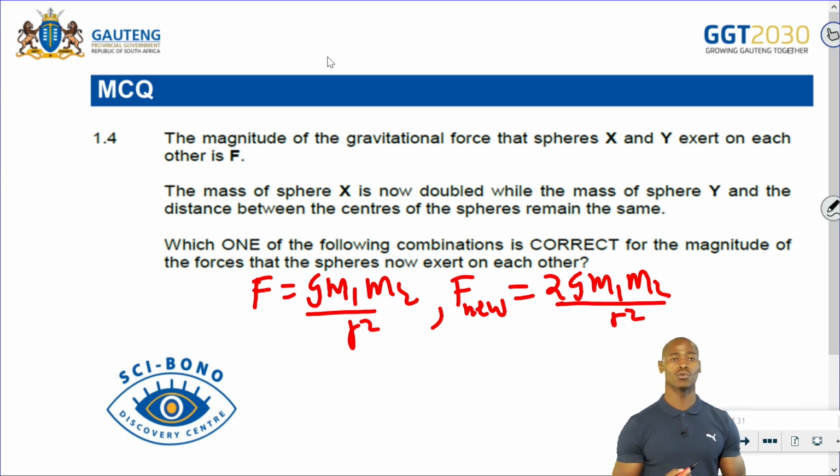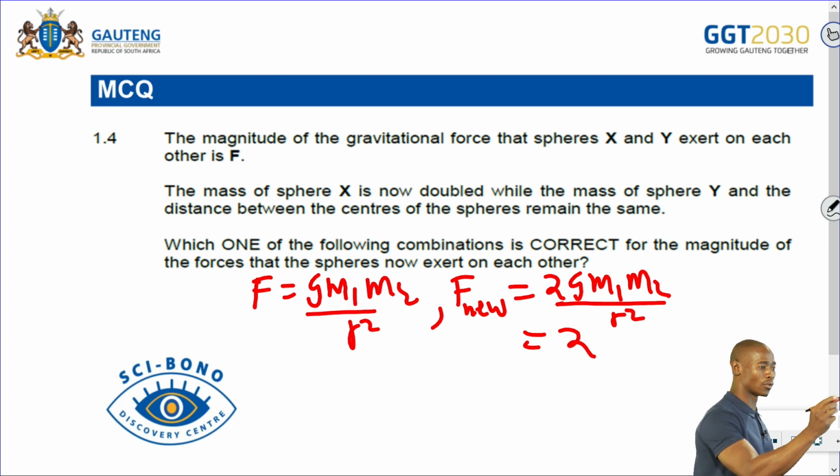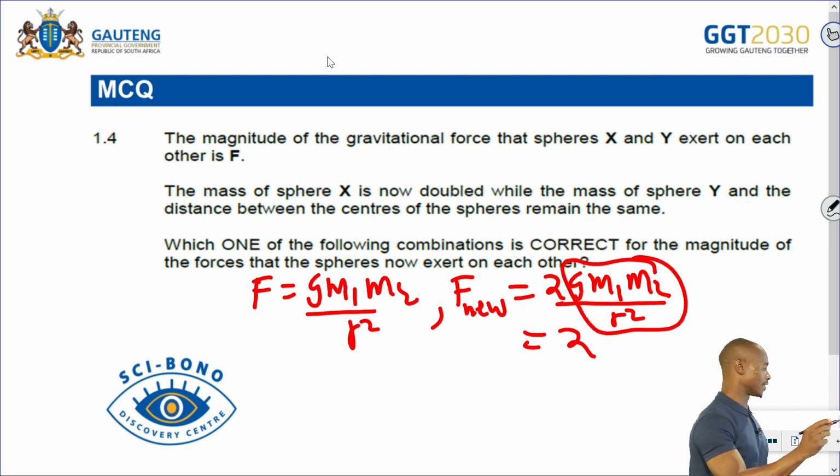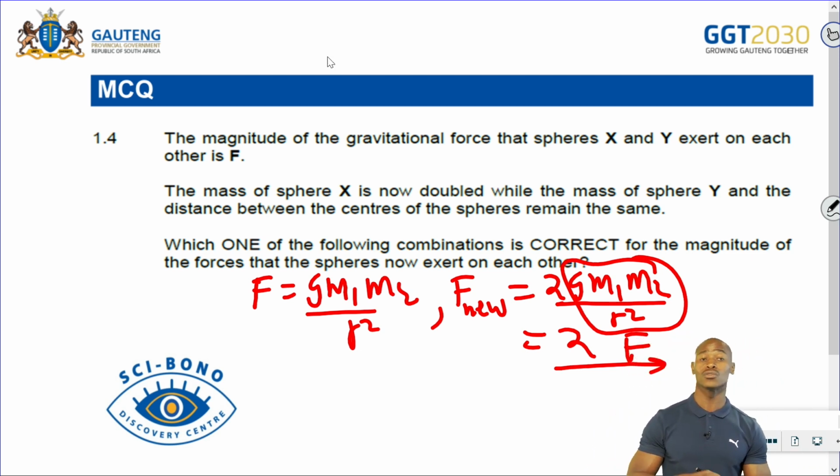Why am I saying twice? It's the mass of X that is being doubled. And what is this? This is F. So the new magnitude of the force that the two spheres exert on each other now will be twice F.